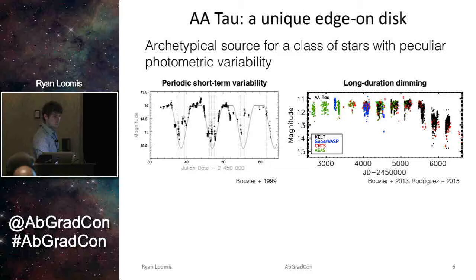And so people were monitoring AA Tau back in the 90s, and they noticed that it had this weird short-term variability, and they've also noticed more recently that it has a weird long-term dimming trend.